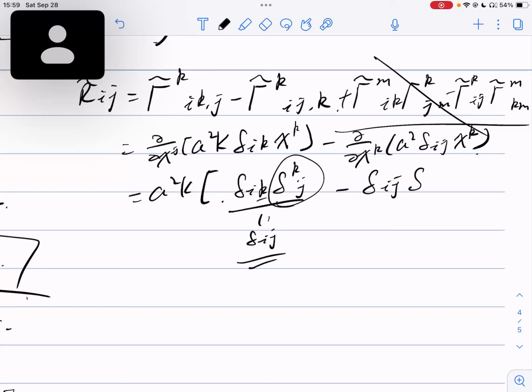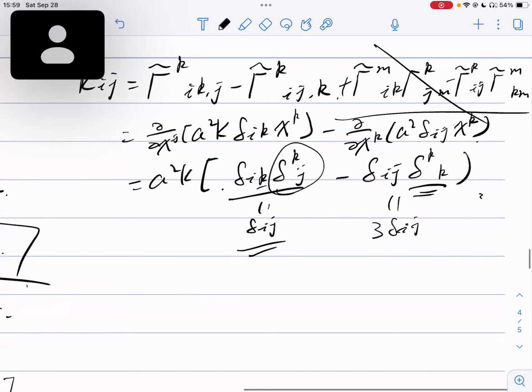It will be delta ij delta kk. With the Einstein summation convention, delta kk is delta 1 plus delta 2 plus delta 3, so you obtain a factor 3, and it equals 3 delta ij. And finally, this Ricci tensor equals 2a square k delta ij.